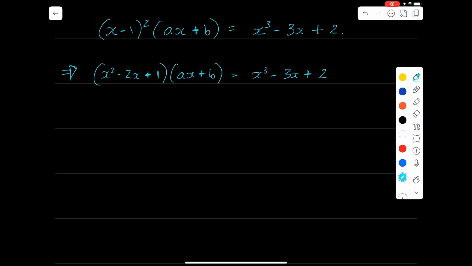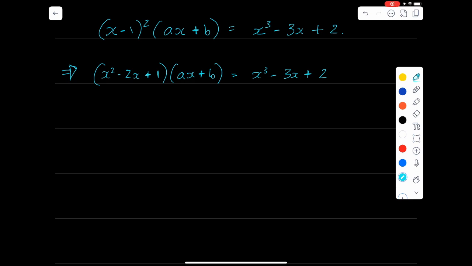So, if we let x minus 1 squared times (ax plus b) equal x cubed minus 3x plus 2, remember ax plus b must be linear as we're multiplying by x squared to get to x cubed.